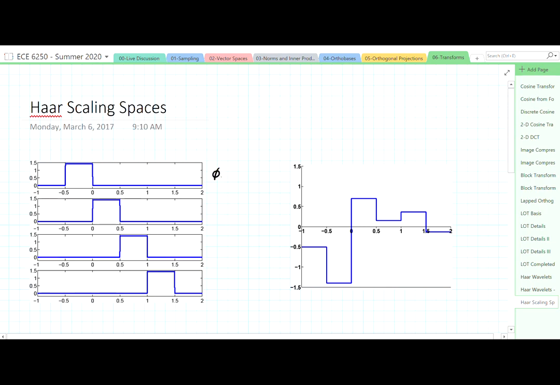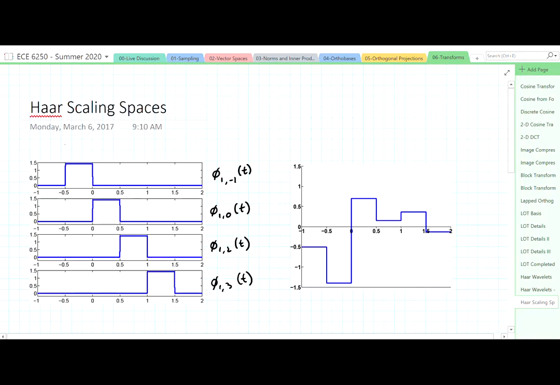So these functions are at level 1, j equals 1, and this is a negative shift of 1 unit. No shift here, so that's phi1 comma 0, phi1 comma 2, and phi1 comma 3 of t.